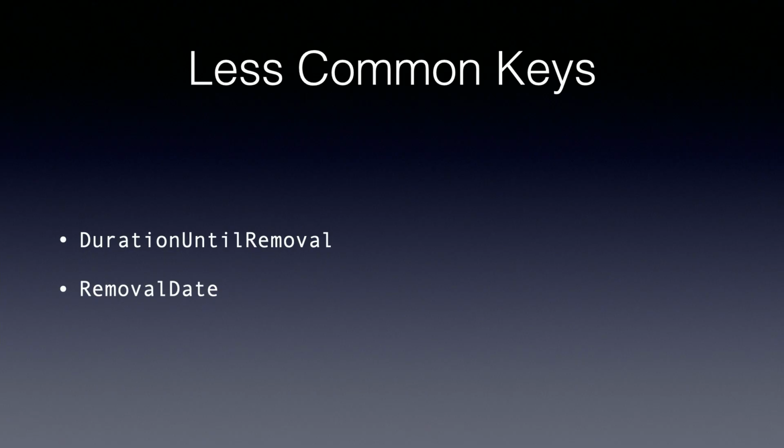When that time is up, the operating system, I have not absolutely proven, but I believe it's MDM Client D that does this, simply deletes the profile on the computer with no further prompting from or to anything or anyone. Removal date is just a fixed in time cousin to it.